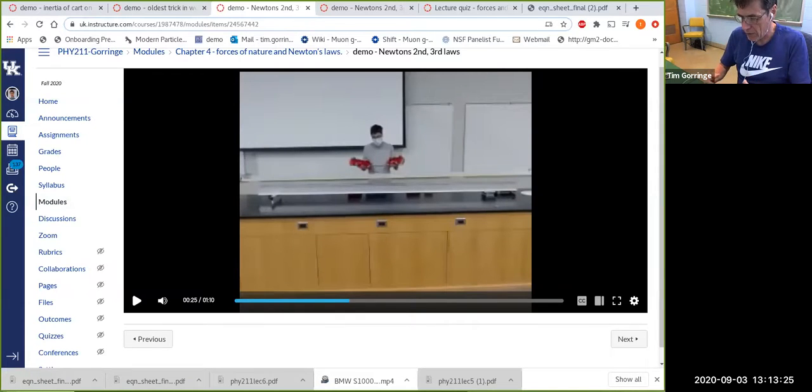And for the purposes of this demonstration, we want to think of it that there's two carts and there's a spring between them. And when I place them on the bench, I'm going to compress the spring, and then I'm going to release the spring. And the spring is the force. It's the push or the pull. And so both carts get pushed by the two ends of the spring.